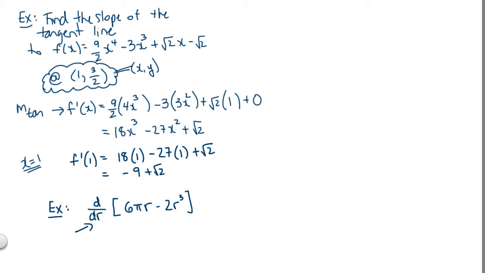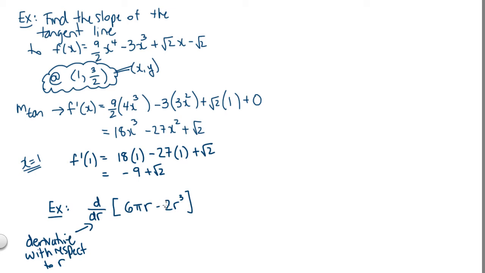So the fact that we have dr in the denominator here just reminds us that we're doing a derivative with respect to r, meaning r is the variable that we're interested in this problem.